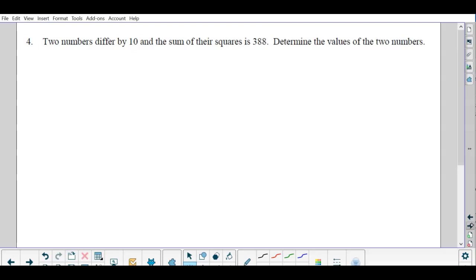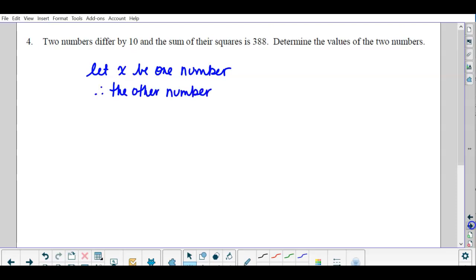So two numbers differ by 10, and the sum of their squares is 388. So let x be one number. Now you could do two variables, but then you're going to have to substitute back in, because an equation only has one. So if the two numbers differ by 10, x minus y equals 10.